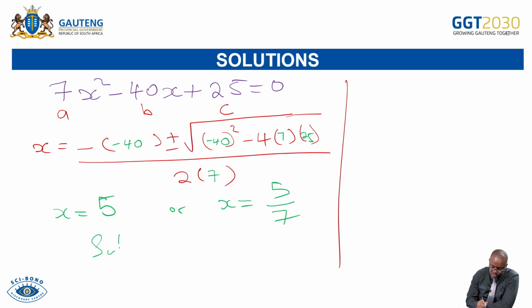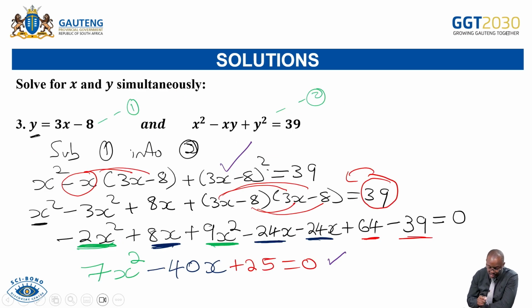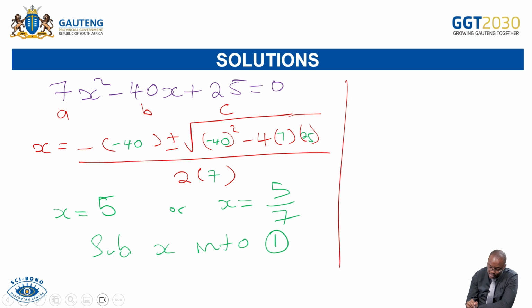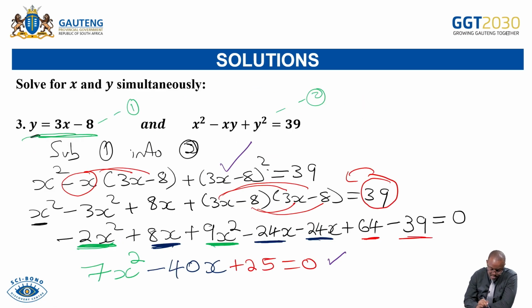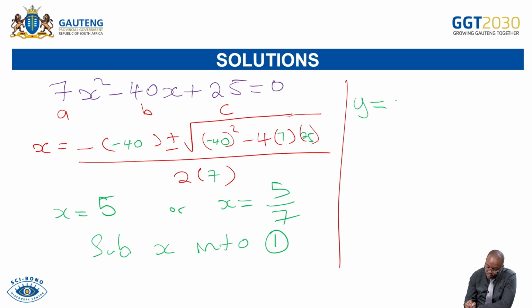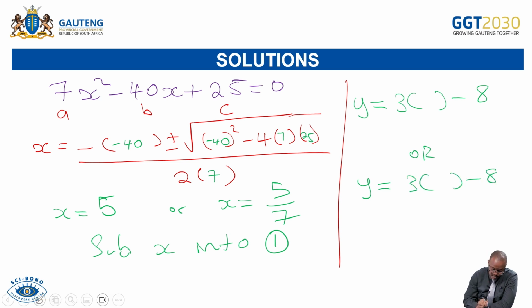Then we substitute x into equation 1. Remember, in this case, we don't have equation 3. We only have equation 1. So in equation 1, we have y is equal to 3x minus 8. So we substitute there.